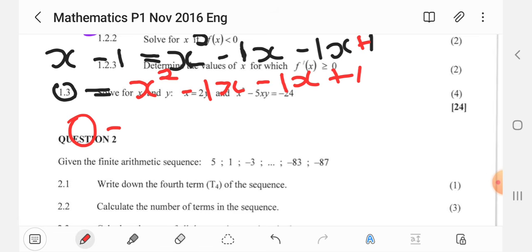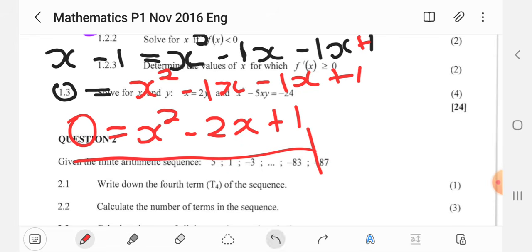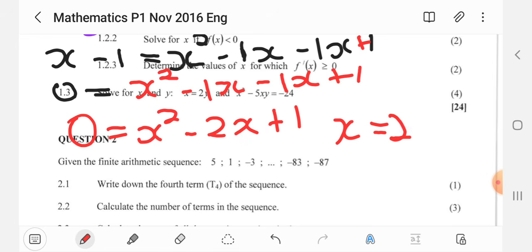And so 0 equals x squared, and then negative 1 minus 1 gives us negative 2x, plus 1. So here we can solve for x. We have the quadratic equation. So if you put this in the quadratic formula, it will give you that x equals 2 when you add, and it will also give you x equals 1.